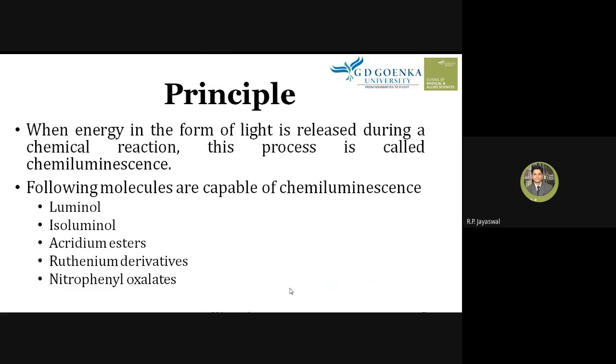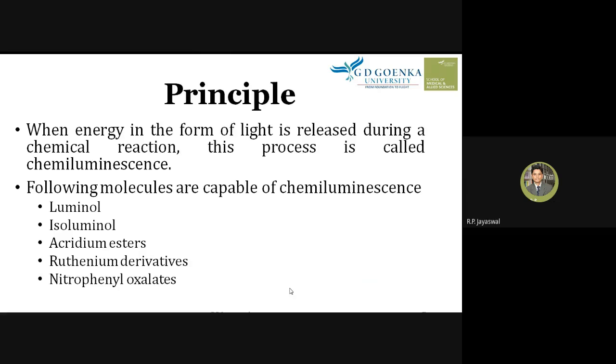Here, the following molecules are capable of chemiluminescence, meaning energy in the form of light is released during a chemical reaction from these compounds.